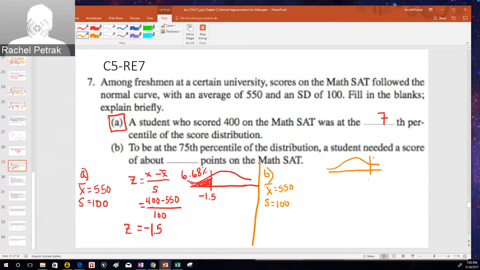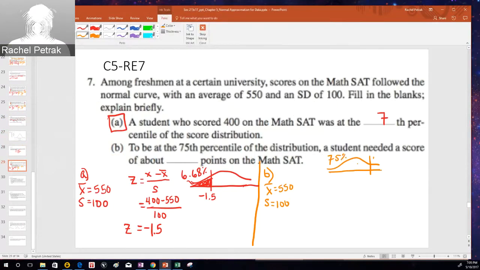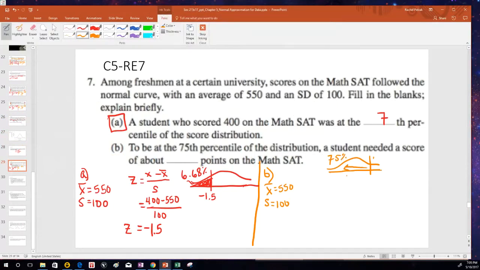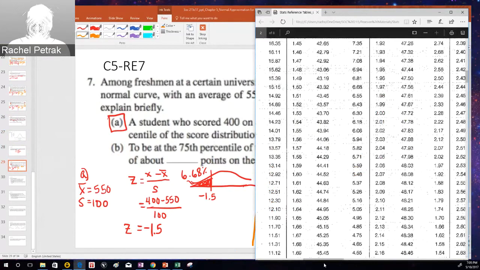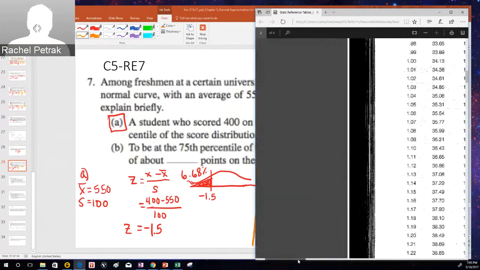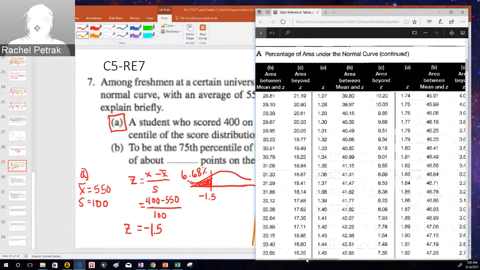So our 75th percentile, let's say it's right here, and that's the area where 75% of the distribution is below. So if we know 75% is below, we know this is also the z-score where 25% is above. So we can just find in our table the area beyond z that's equal to 25%, and then that will be our z-score of interest here.